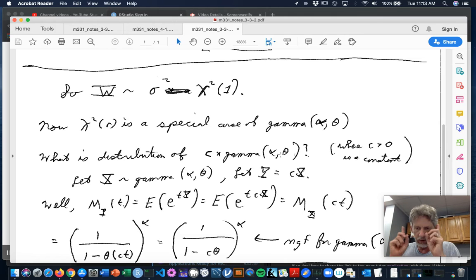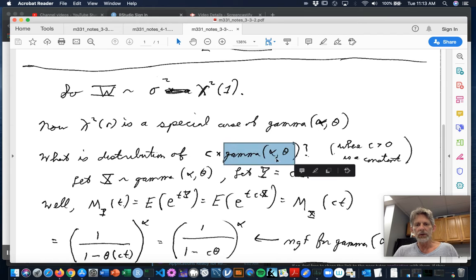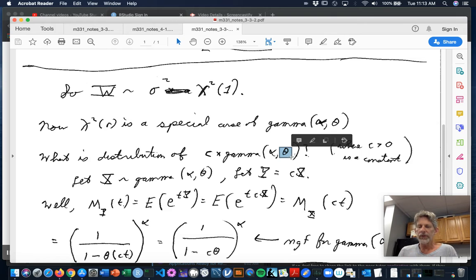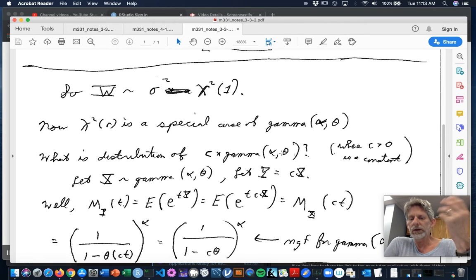Now, think about this intuitively before we do all the math. If you consider gamma to be how long to wait until the alpha-th event, where on average you have to wait theta units of time between events, then multiplying the waiting time by c sounds like switching to a process where everything happens c times as slow.